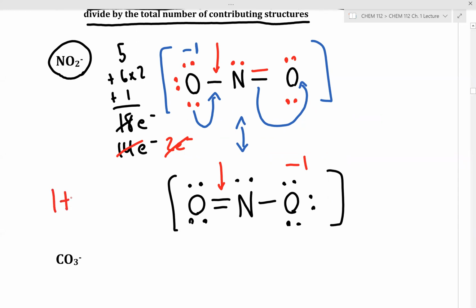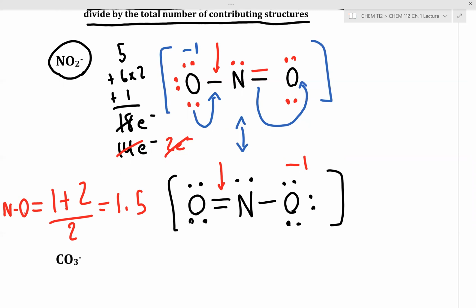In structure number 2, what's our bond order? 2. We then divide by our total number of contributing resonance structures, which would be 2, okay? And that in turn gives us a bond order of 1.5 for our nitrogen-oxygen bond. So it's not quite a single bond, not quite a double bond.